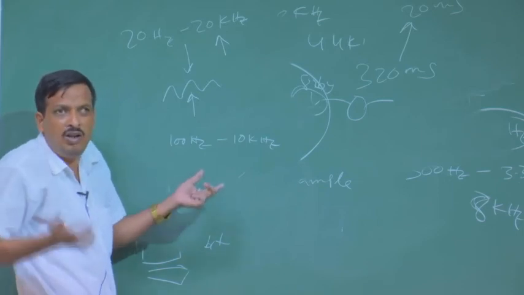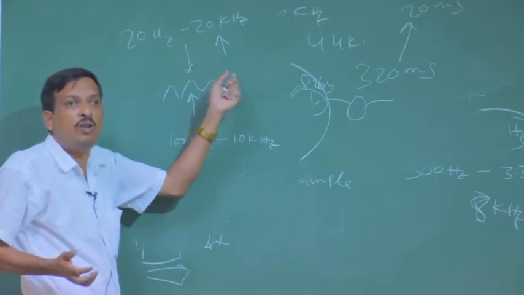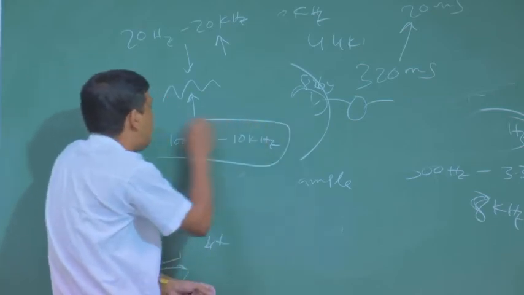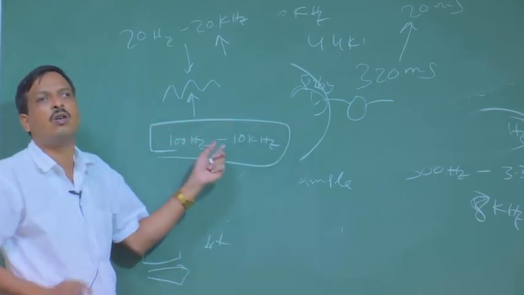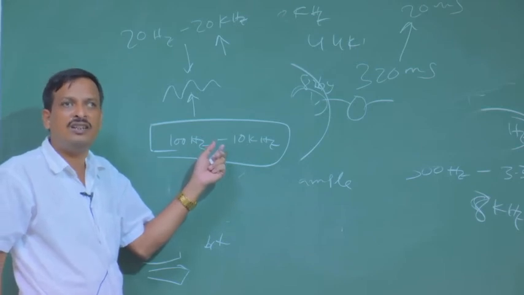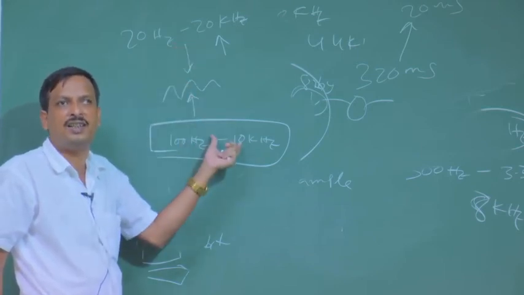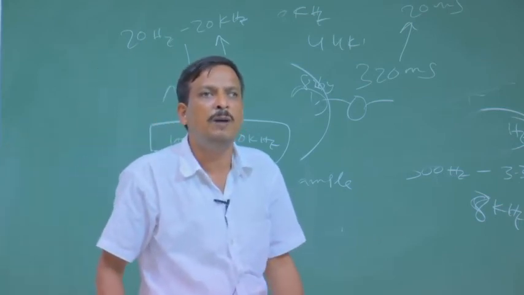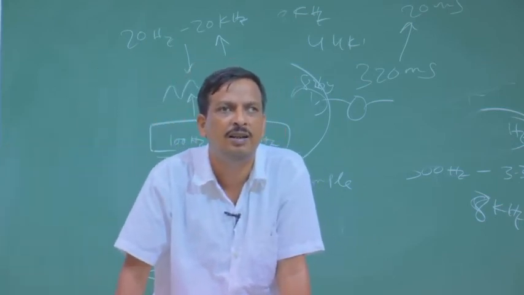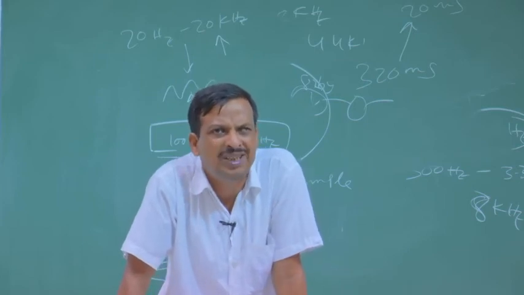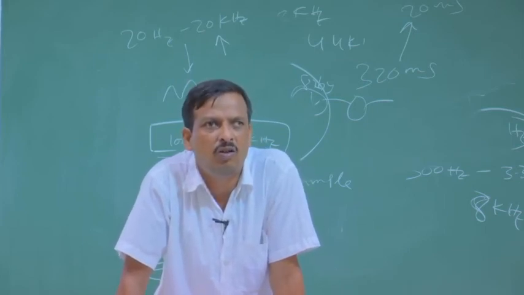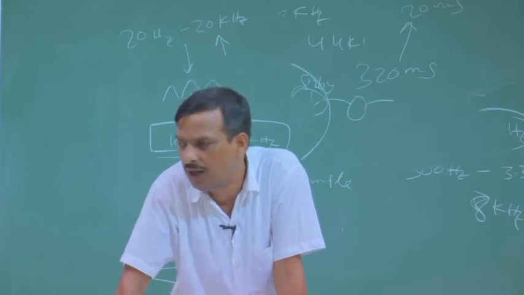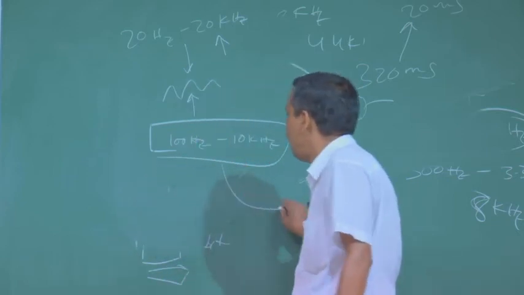It may not be required for human speech, but I cannot get it, because my microphone has a limitation. It can only transfer the acoustic wave to an electrical signal from 100 Hz to 10 kilohertz. If I apply a 12 kilohertz acoustic wave, it may not produce any signal, so I am not getting any information in the electrical wave. Once I get that electrical signal, I will pass it through the digital card.